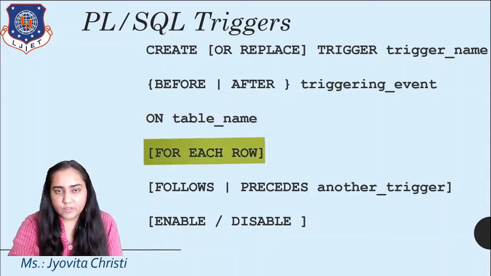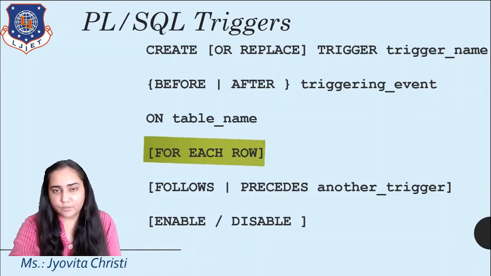The next part is for each row. In PL/SQL, there are two types of triggers. The first one is a row level trigger, and the second one is a statement level trigger. And in this video, I'm going to explain only the row level trigger, which executes every time a row is affected.